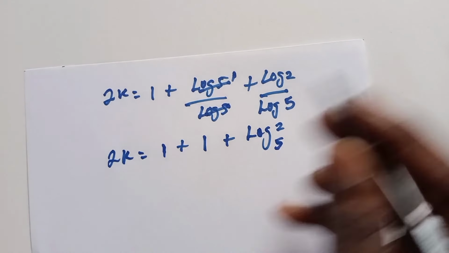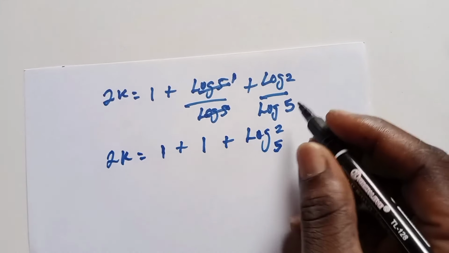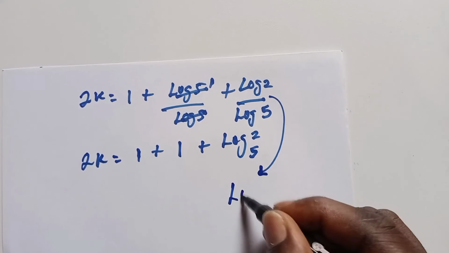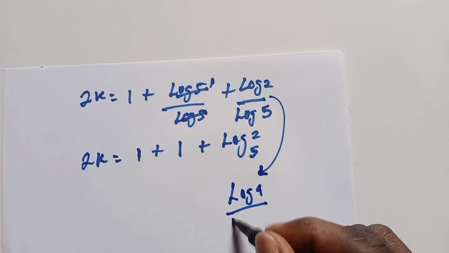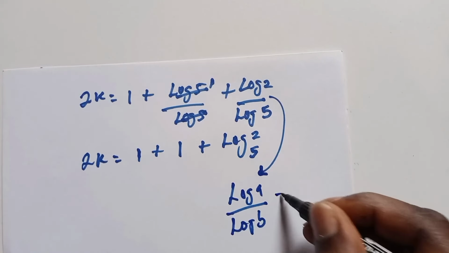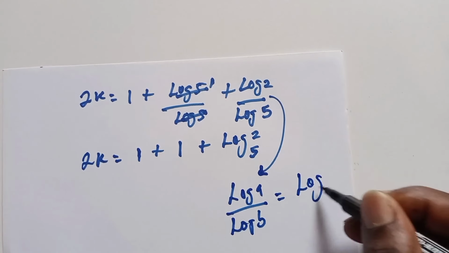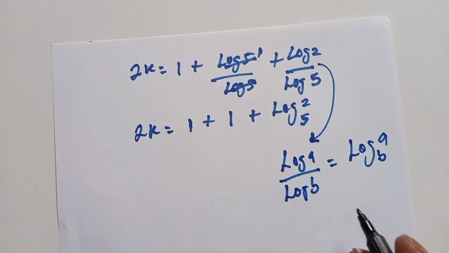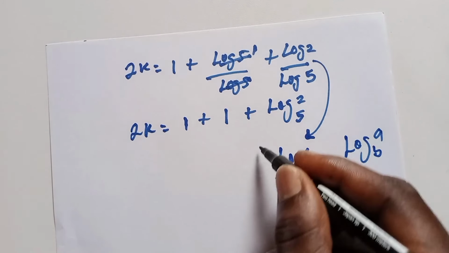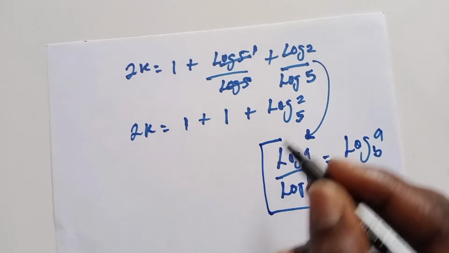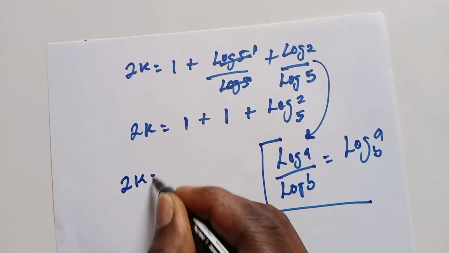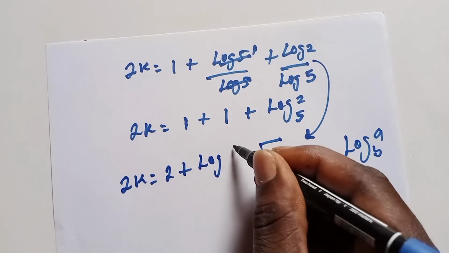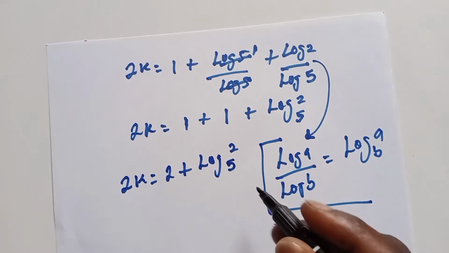Now the law governing this is log a over log b is equal to log a base b. So with that being said, we have 2k to be equal to 1 plus 1 plus log 2 base 5.